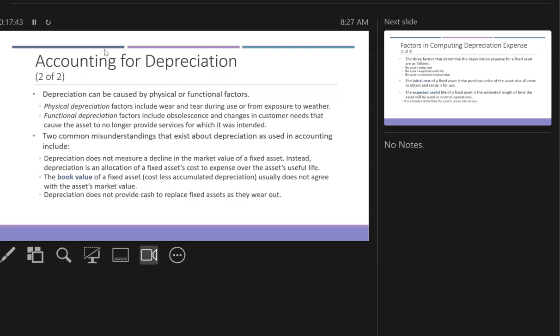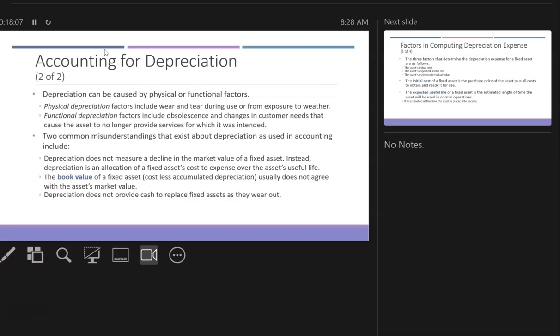Here's a mistake about depreciation. Depreciation doesn't mean the asset's declining in value. It's basically, for our purposes, an allocation of the asset's cost over its useful life. The book value of a fixed asset usually doesn't agree with the asset's market value.